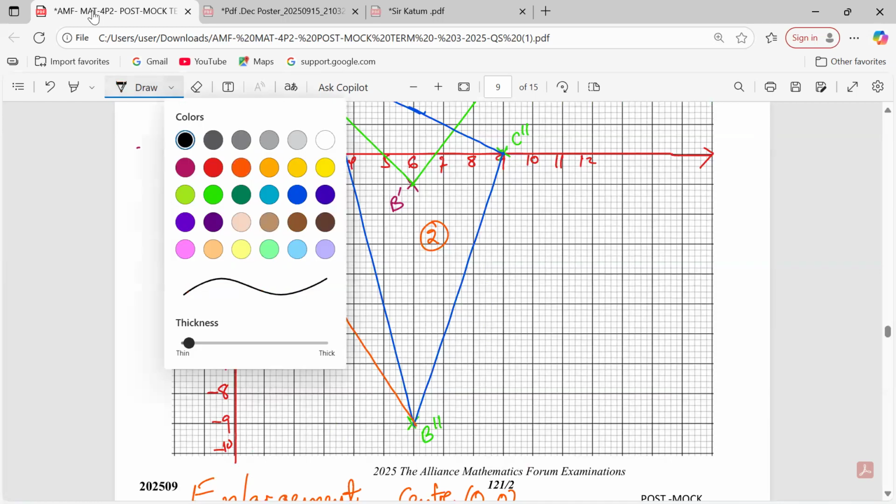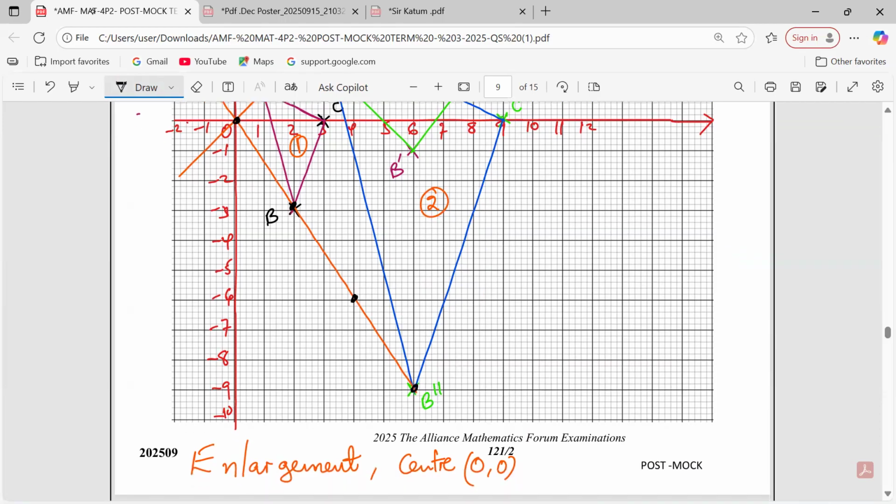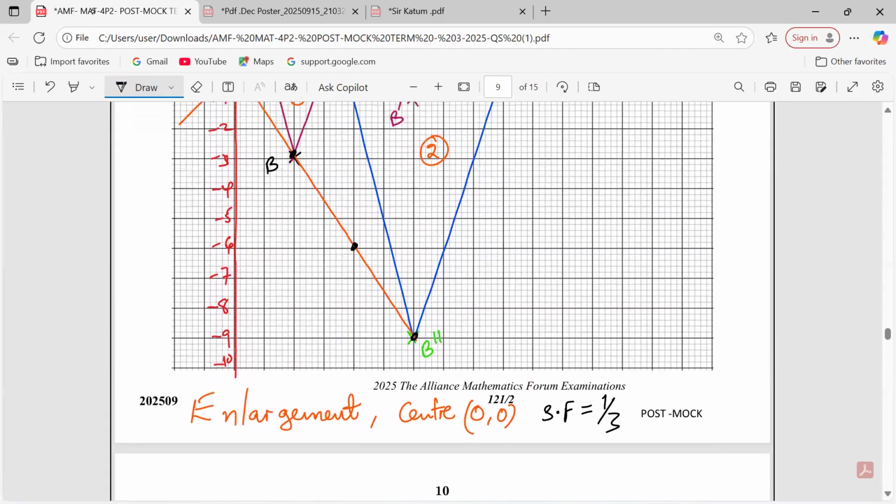So if we consider the B's, then we'll be moving from this point all the way to where B is, and you can see it's within 2 squares. Then we check from the same center to where B prime is, and we divide. And you discover that the distance is 3 times the other one. Therefore, the scale factor is a third.